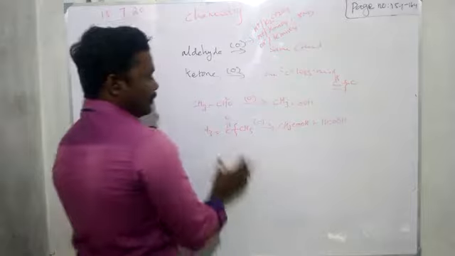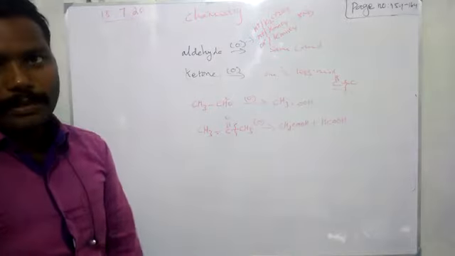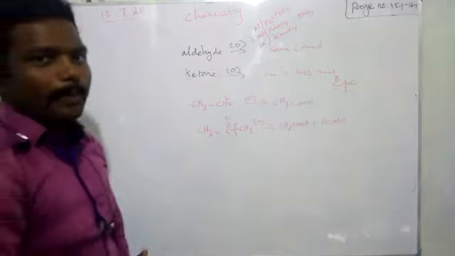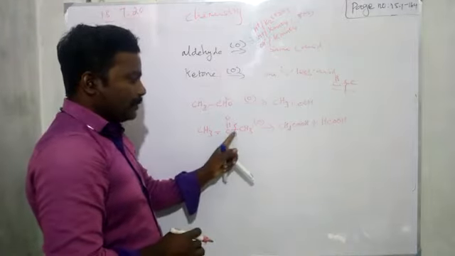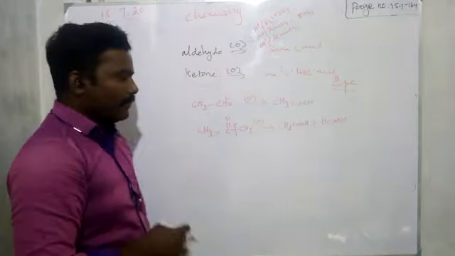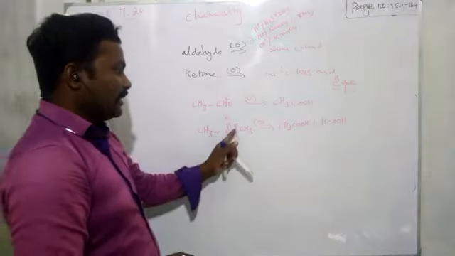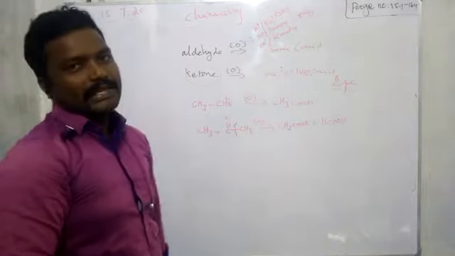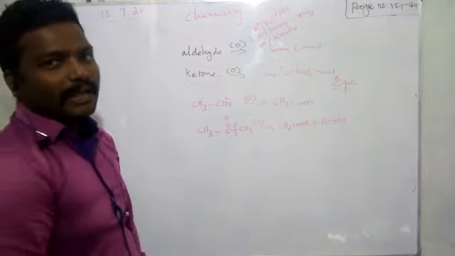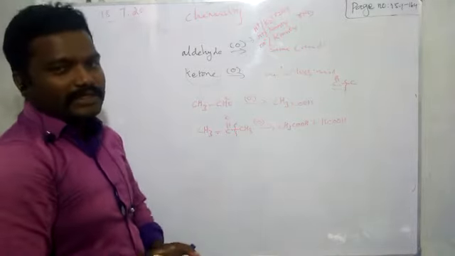That means totally we have 3 carbons, where we have the C=O carbonyl carbon. Nearby that, the bond will undergo breaking. Because of that breaking, the remaining 1 carbon acid is formic acid and the 2 carbon acid is acetic acid. Likewise, it will give a mixture of acids, not a single one.